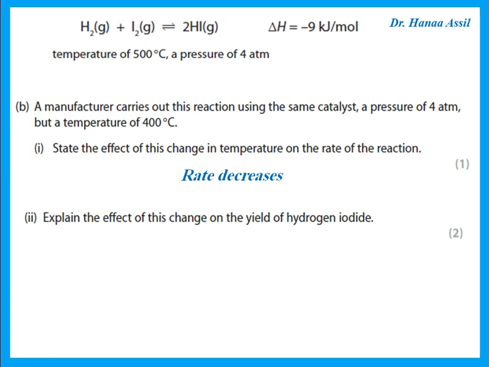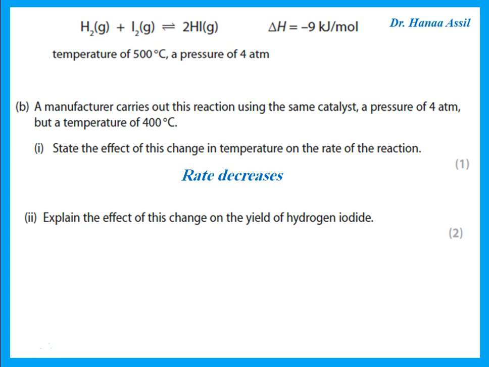What about the effect on the yield of hydrogen iodide? Remember that the reaction, I look at it, the forward is exothermic. That means when we go forward, hydrogen plus iodine to give hydrogen iodide, the reaction temperature rises or the reaction becomes hotter. So if I lower the temperature, remember that lowering the temperature of any reversible reaction will cause it to go forward in this case because the forward is exothermic.